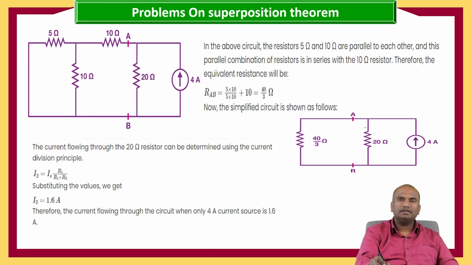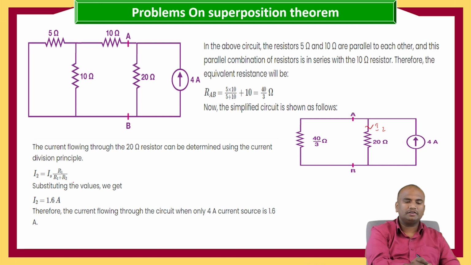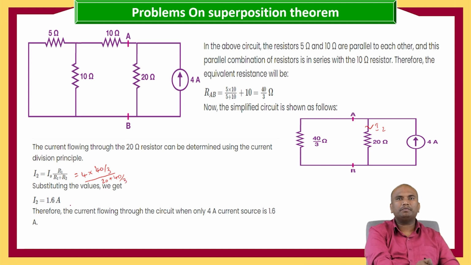So here, this is the current I2. I2 equals Is into opposite resistance R1 by R1 plus R2, which equals Is value 4 into opposite resistance 40 by 3 whole divided by 20 plus 40 by 3, where I2 equals 1.6 amperes.